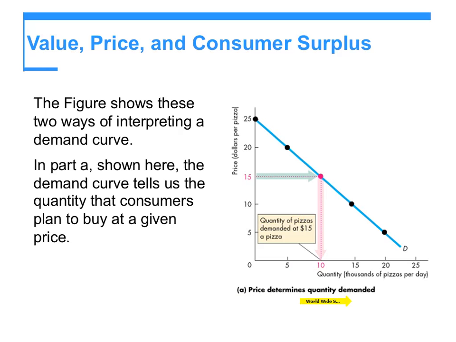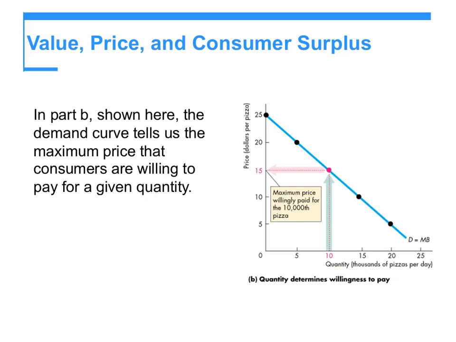So we can interpret the same figure, chart and graph in different ways. Look at this graph. In part B, we're going to go from quantity to price. Shown here, the demand curve tells us the maximum price that consumers are willing to pay for a given quantity.